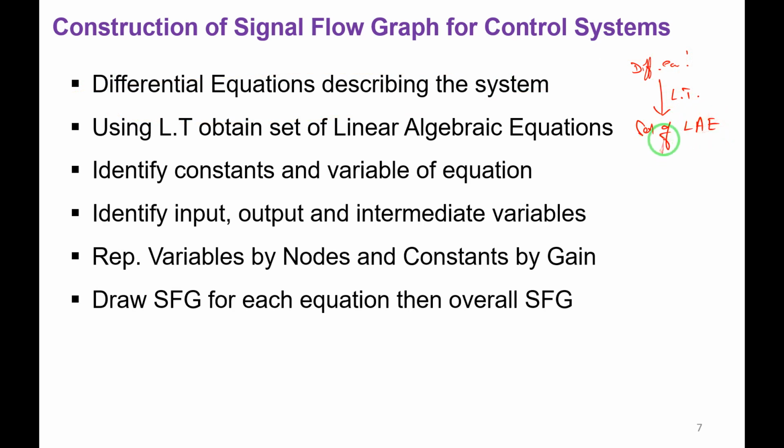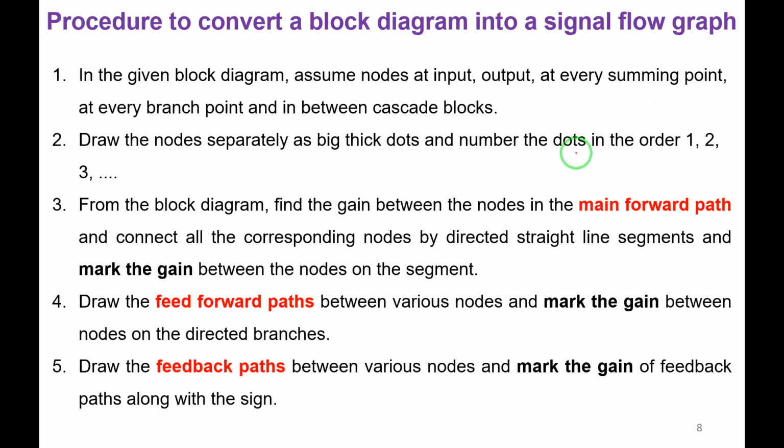You know how to represent those equations in the form of a signal flow graph. The same steps are given in wordings, you read it. We draw the signal flow graph of each equation and finally get the final signal flow graph. We took two examples in the morning.